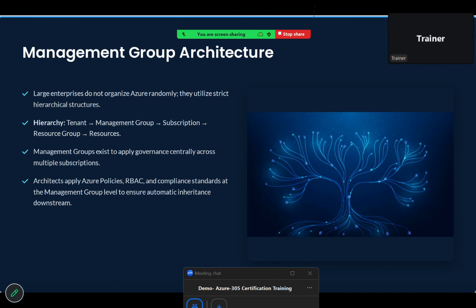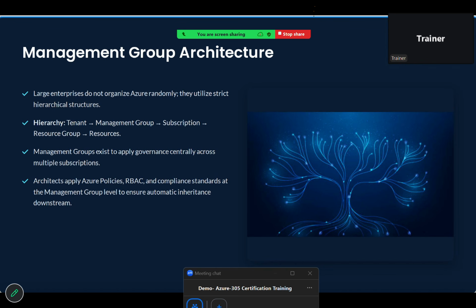They utilize strict architecture structures, and there is always a hierarchy: tenant, management groups, subscriptions, resource group, and resource. The management group exists to apply governance centrally across multiple subscriptions. Your architecture always applies policy, RBAC, and compliance standards at the management group level to ensure automatic inheritance downstream.